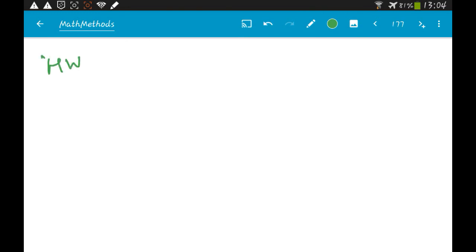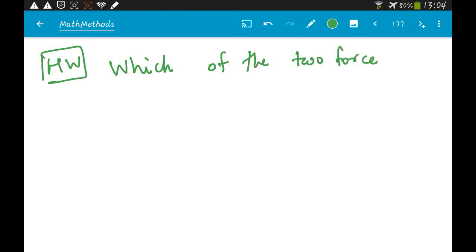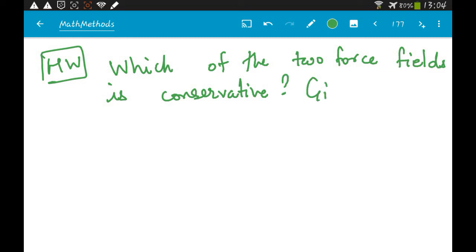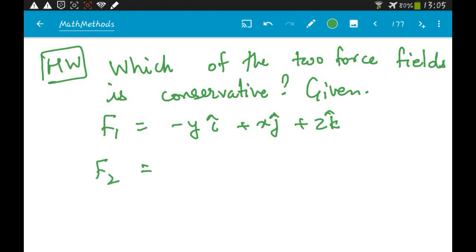So homework. Which of the two force fields is conservative? Given F1 is equal to minus y i plus x j plus z k, and F2 is equal to y i plus x j plus z k.